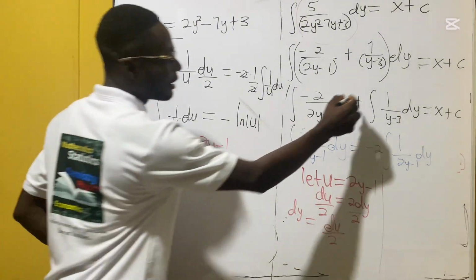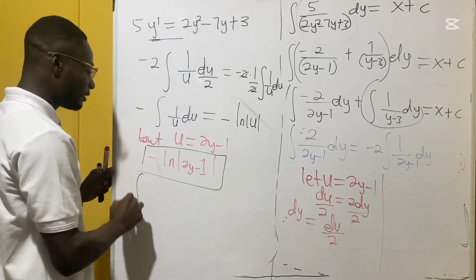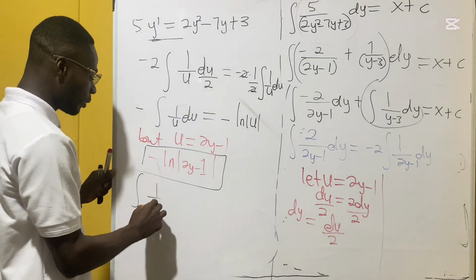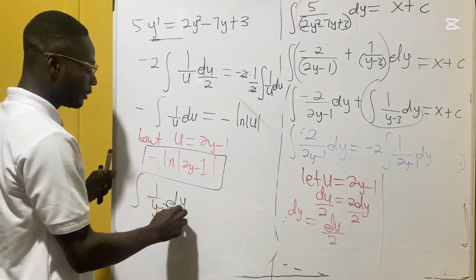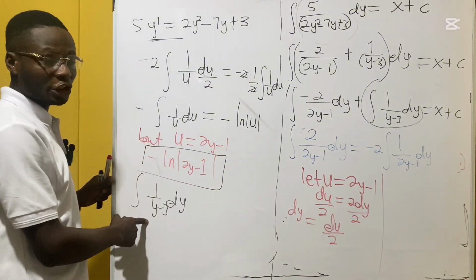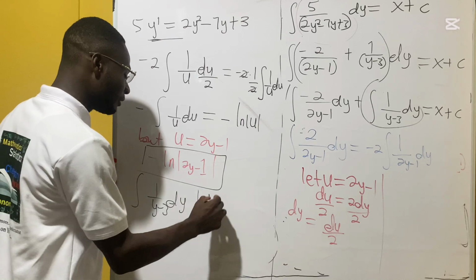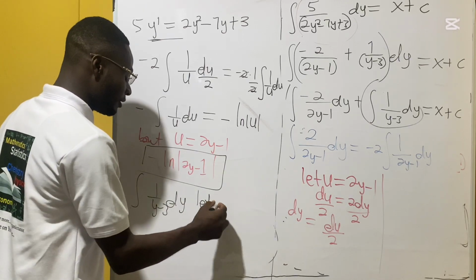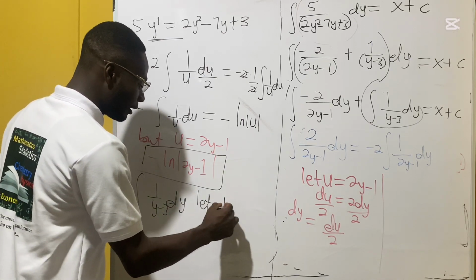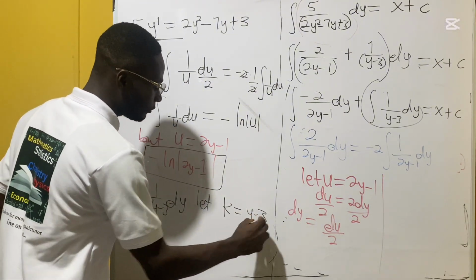So let's go ahead and move to the second term, which is the integral of 1 on y minus 3 dy. Likewise here, we can apply the same u substitution and integrate this. So let's, for instance, let k equal y minus 3, right?